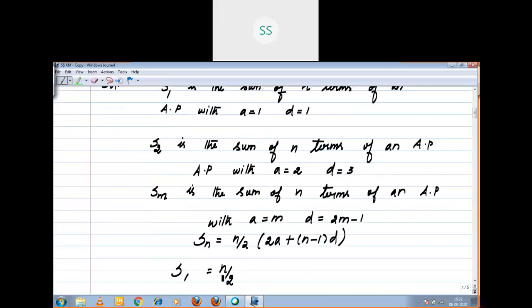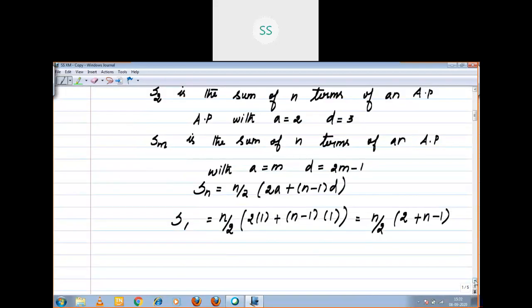So n by 2 into (2 into A, which is 1, plus (n minus 1) into D, which is also 1). This is the first term of your original AP. Now, n by 2 into (n plus 1).